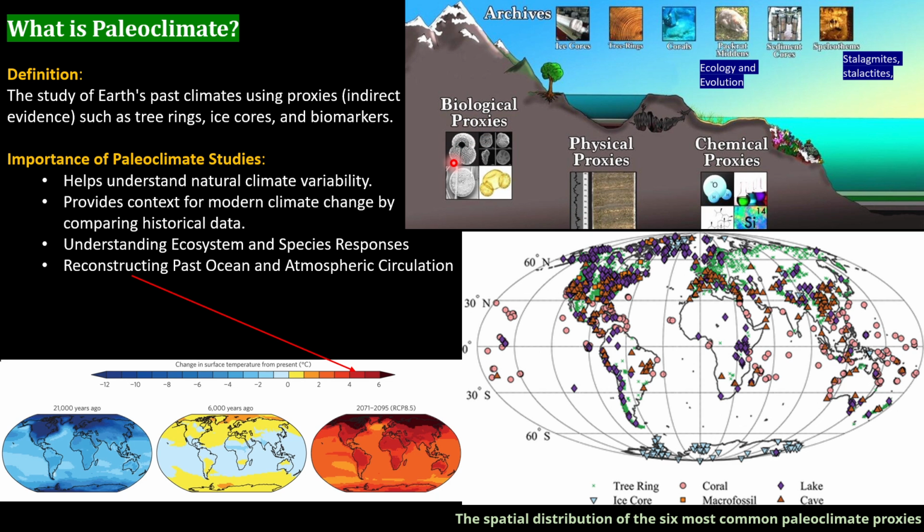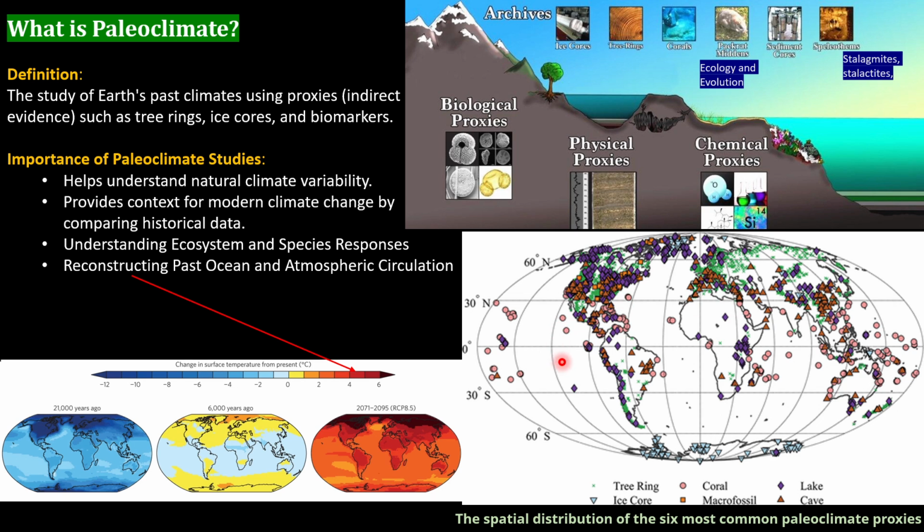For biological response, we study foraminifera, thin section analysis and rock analysis. And these are the various proxies like ice cores, tree rings, corals, sedimentary cores, and stalactites and stalagmites of caves. They are all proxies which we study to interpret the past climate and the modern climate, and what the changes will be.